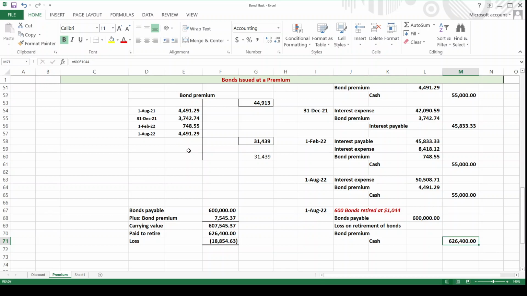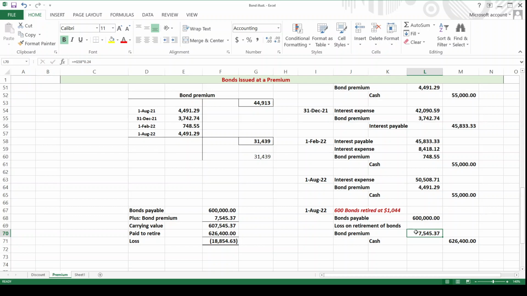What is the carrying value of the bonds? Okay, the carrying value of the bonds is the sum of the bond premium. What percent of that number do we want? 24%? That's because we had 600 bonds out of 2,500 retired. So you got 75, 35, 45 rather.